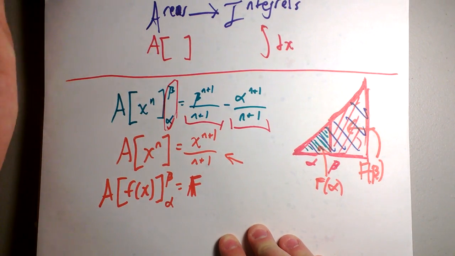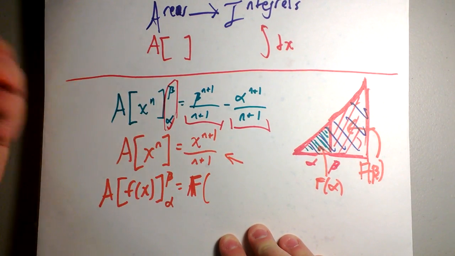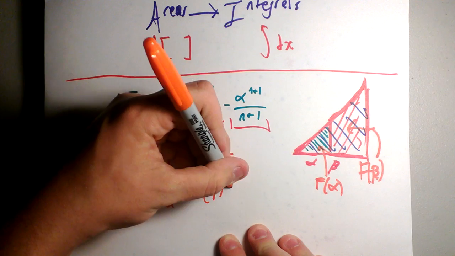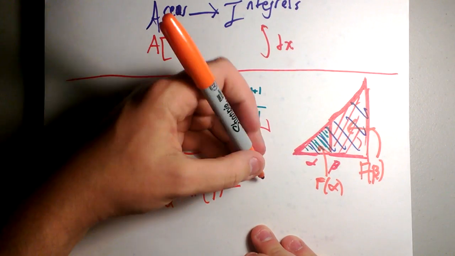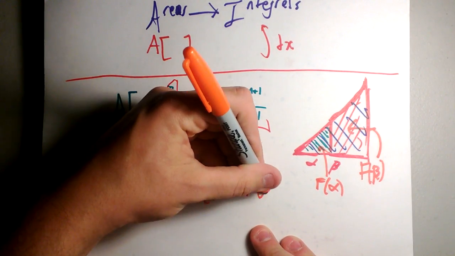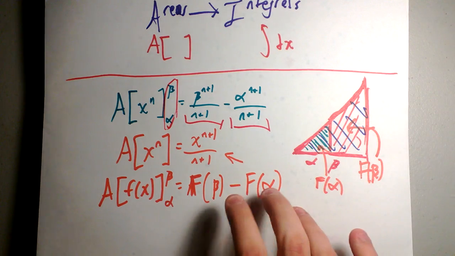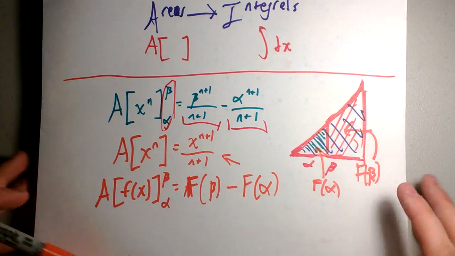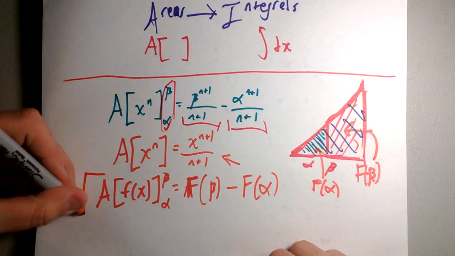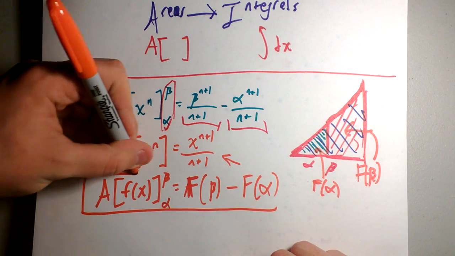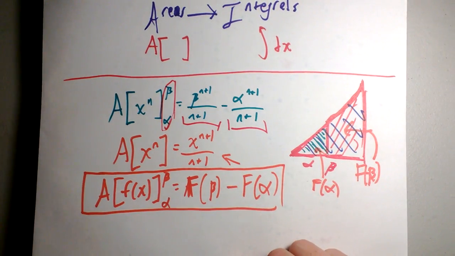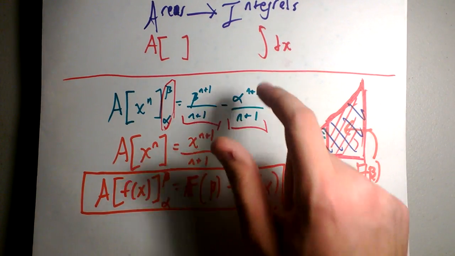So this little thing would be our f of x, for example. And you plug in beta, and then you subtract it from the lower thing, alpha. And it should get you proper areas. Proper areas. So that is actually a formula, which I'll rewrite in this notation later.